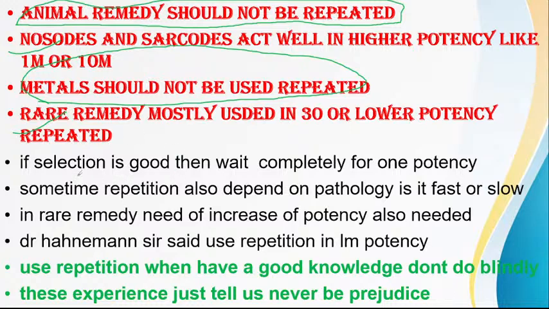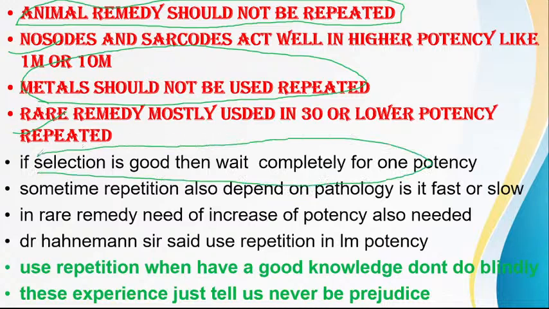Now, the selection of the medicine: if you are sure about the selection, that yes, this patient is totally crotalus horridus, then you can rely on one potency and wait for that.